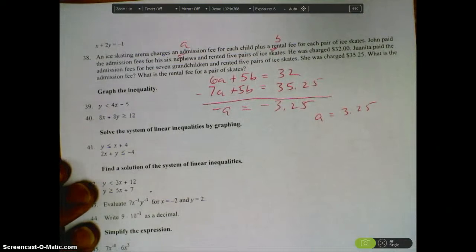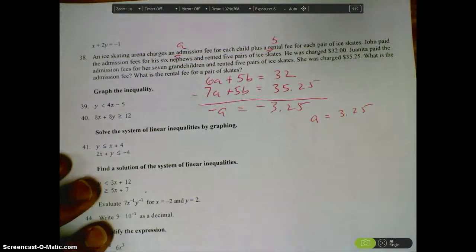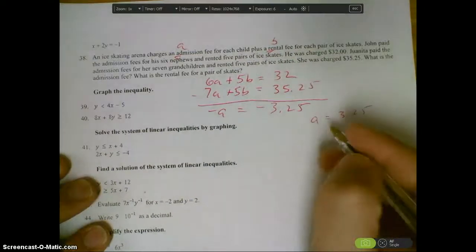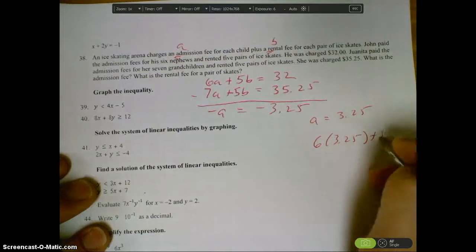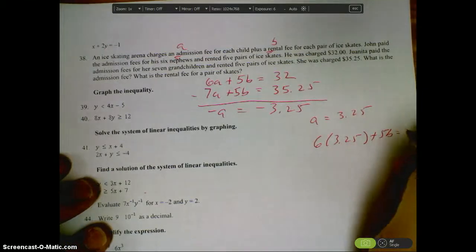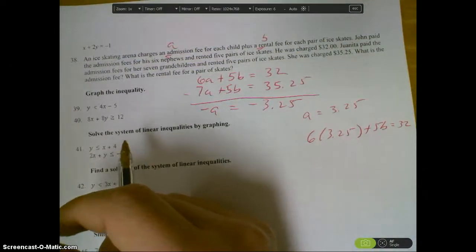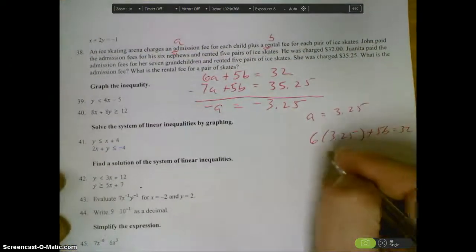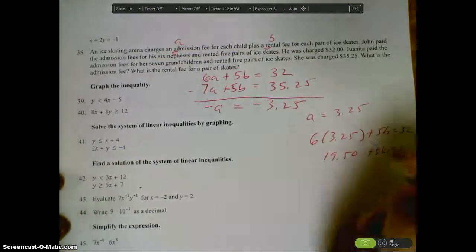Makes sense, right? I have to figure out what the rentals cost. So I'm going to use the top equation just because it looks easier to me. The one number is smaller, so I'm going to use that. And so that becomes 6 times $3.25 plus 5, or I'm sorry, 5 kids renting ice skates equals $32. 6 times, I'm going to use my calculator, 6 times 3.25 is $19.50 plus 5b equals 32.